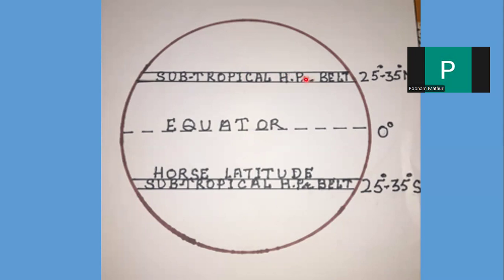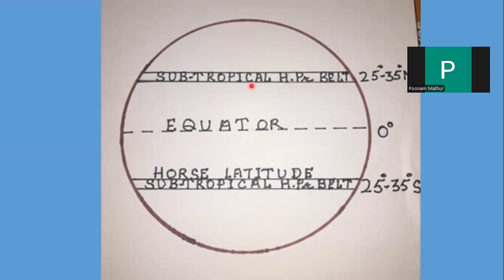These zones experience fairly high temperature almost throughout the year. This belt is not thermal in origin, but has been formed due to the Earth's rotation and subsidence of air in this region.